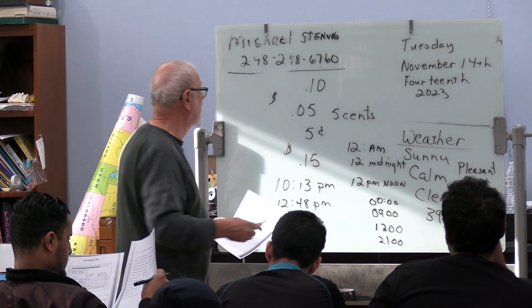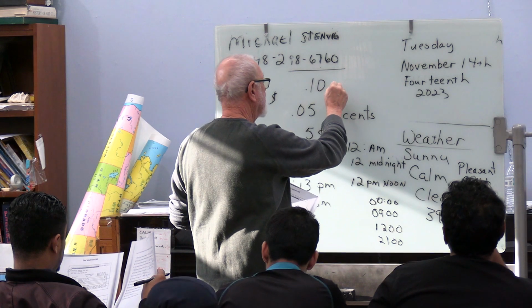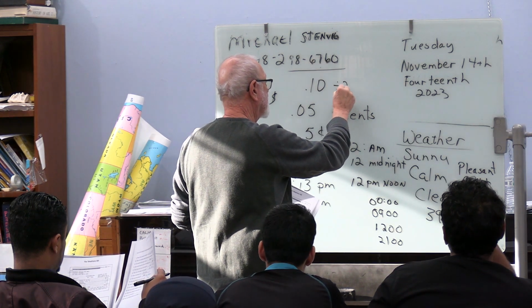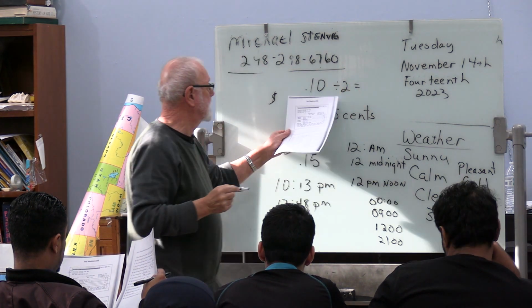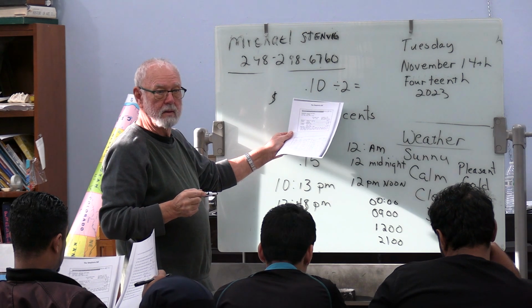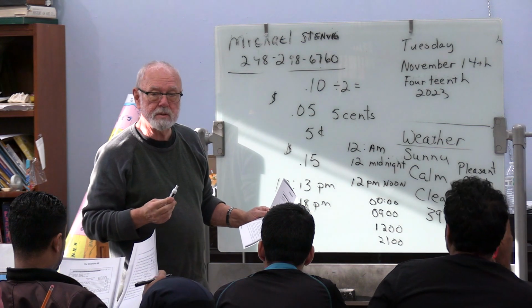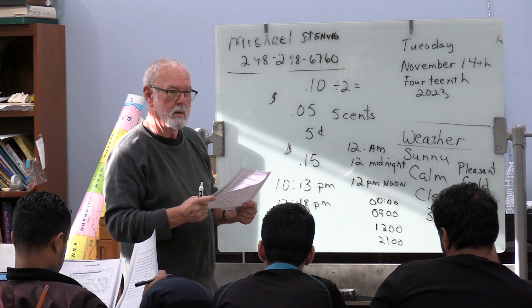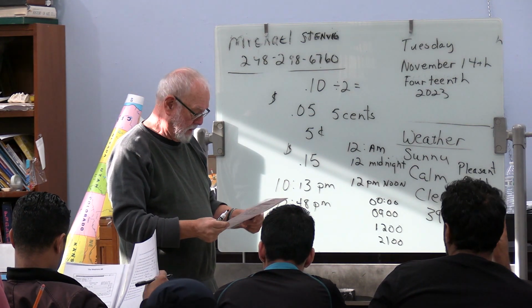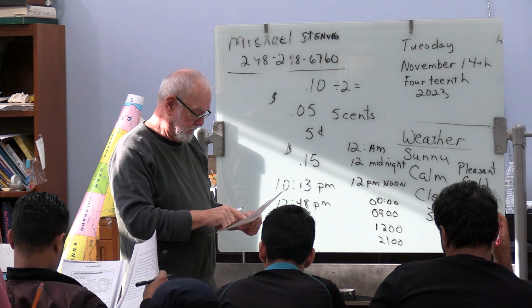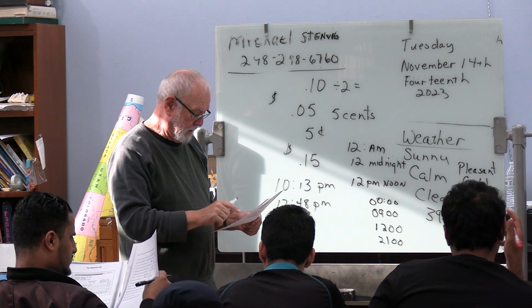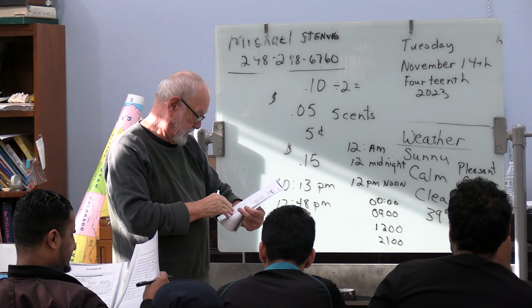10 cents divided by 2 minutes? No, we had item number 3. Number 3 was how much? 6 cents.